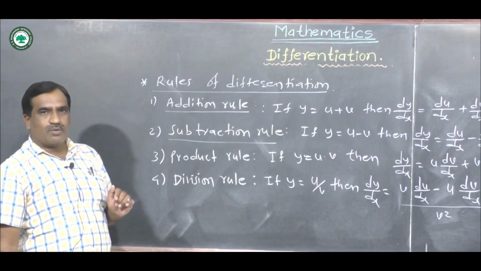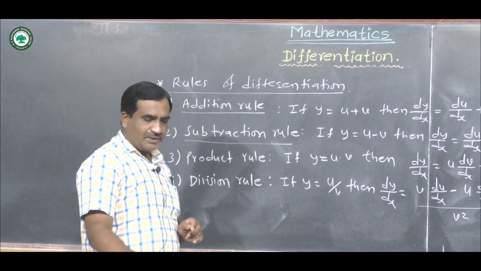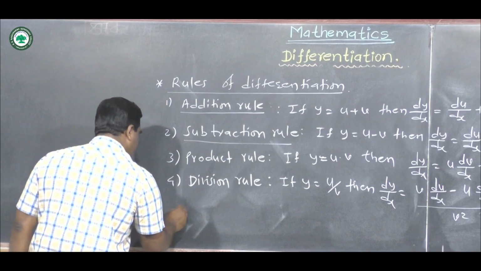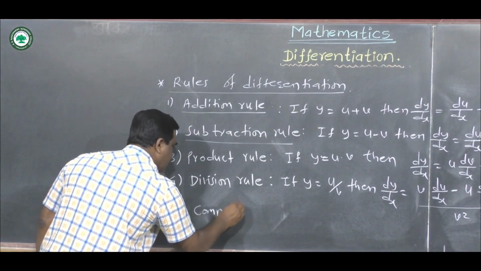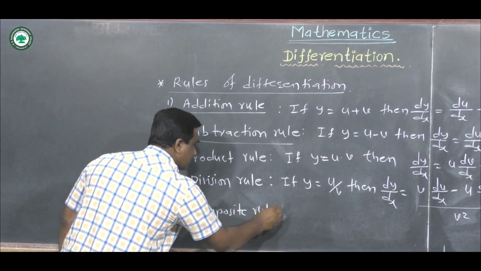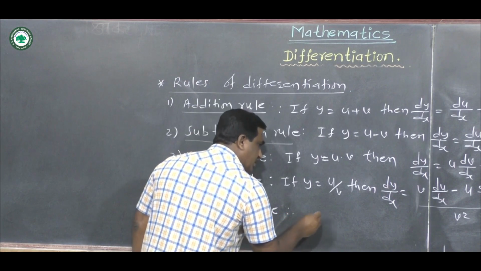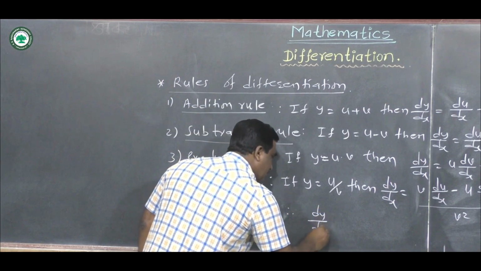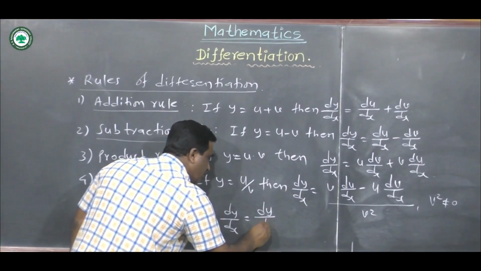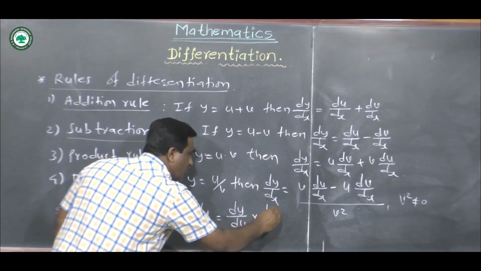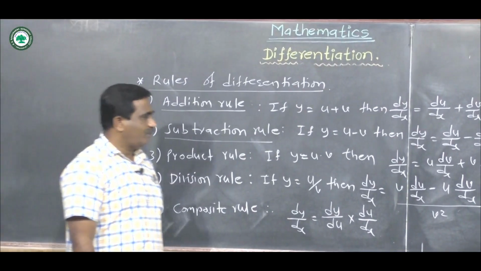We have also seen composite rule in 12th standard, and inverse rule also. First we write here composite rule. We can write shortly dy by dx is equal to dy by du into du by dx, which is called as composite rule.